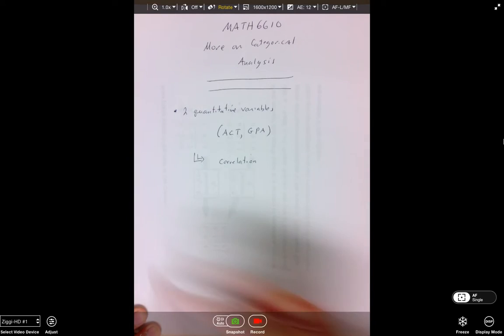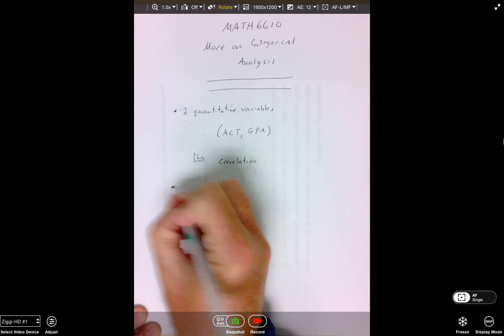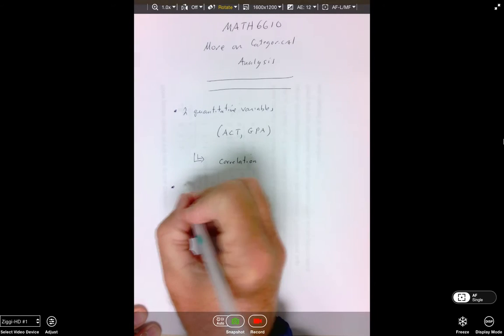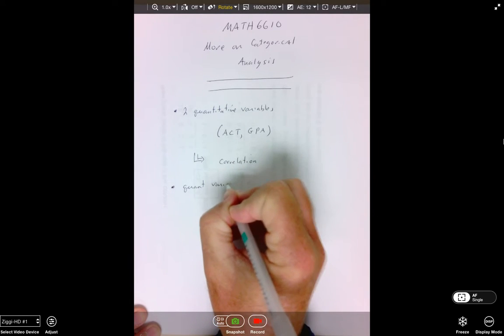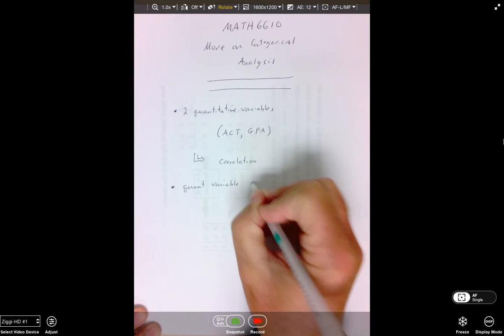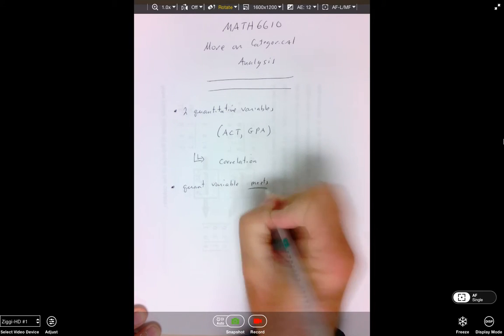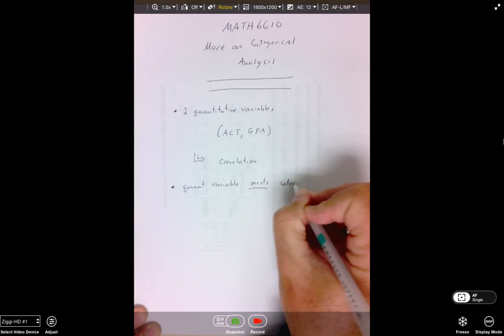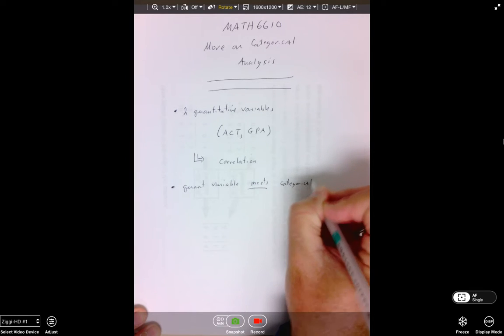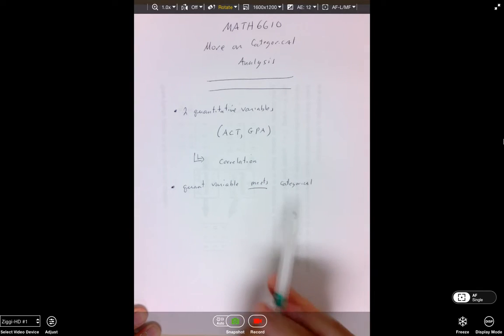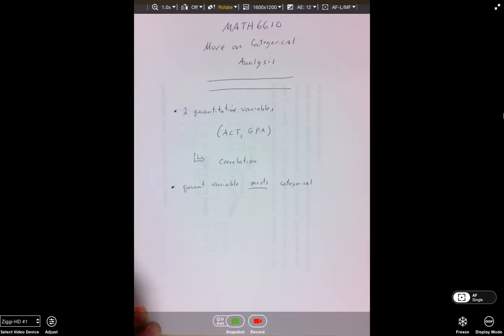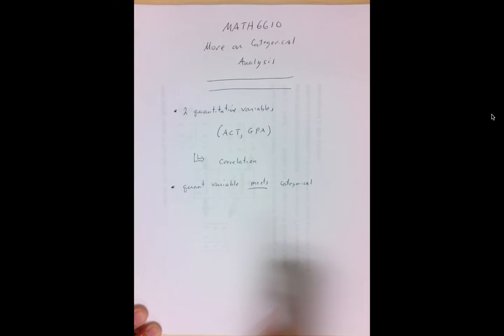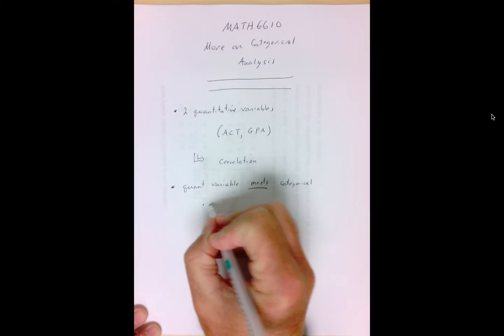And we've already seen in this class where a quantitative variable meets a categorical variable. Now, if our categorical variable is divided into two groups, I think the classic example of that would be male-female, then we would do a two-sample problem.